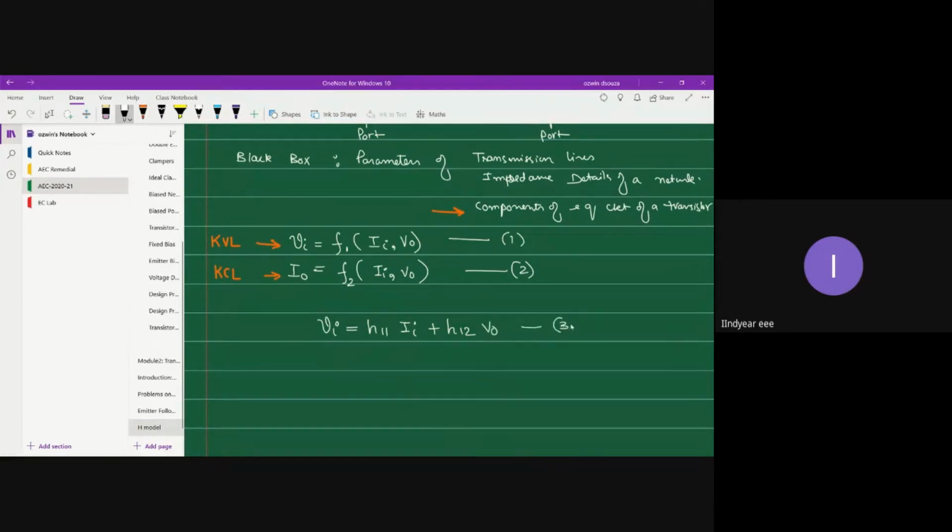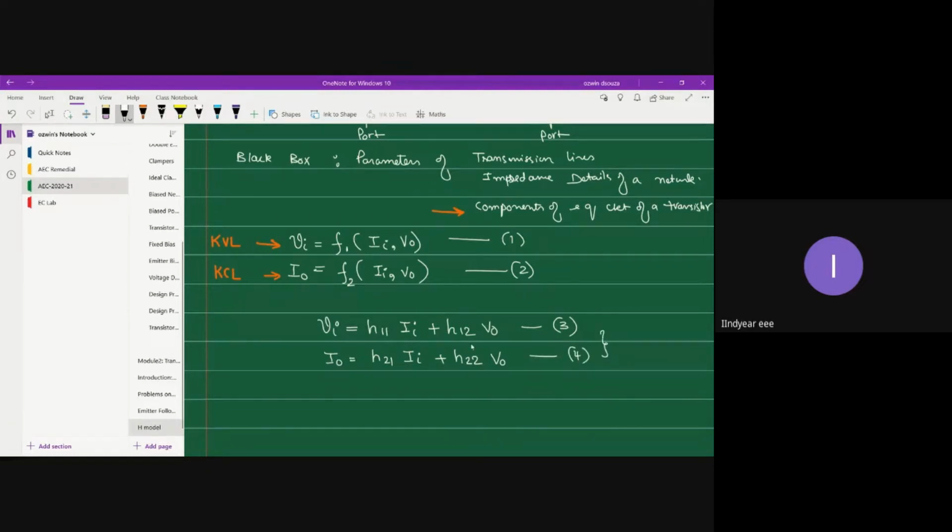Let's call it equation 3. This is how we write linear equations. Similarly, output current I0 is some unknown H21 times the independent variable Ii plus some unknown H22 times the independent variable V0.